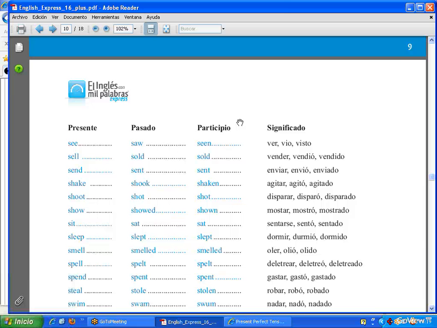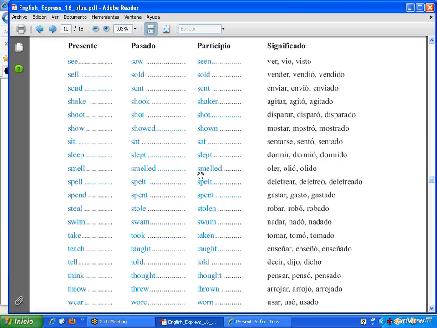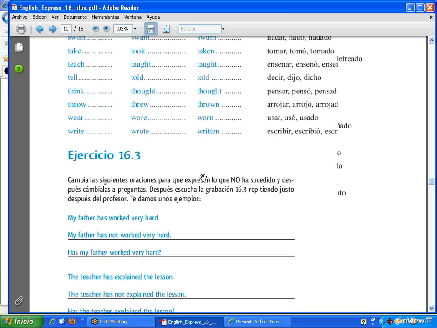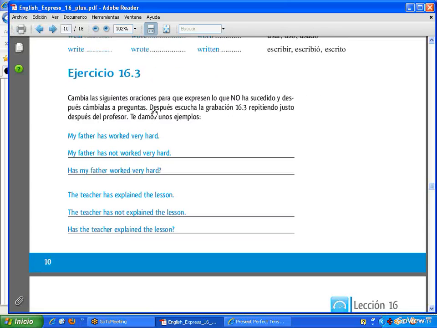Now here's the first exercise. You're going to change the following sentences so that they say what has not happened. And afterwards you're going to change them to questions. So, my father has worked very hard. How do you say that in Spanish?